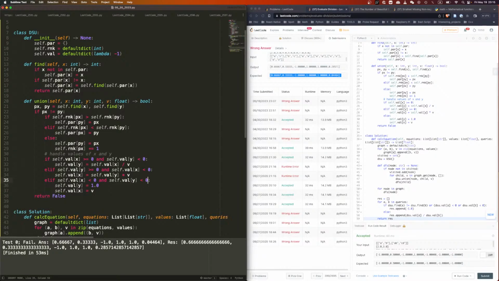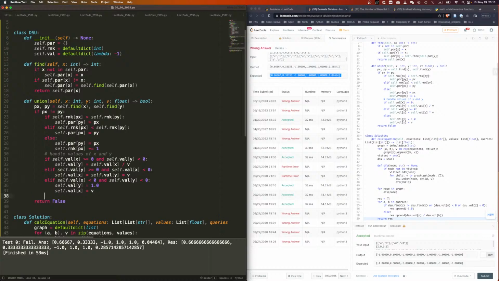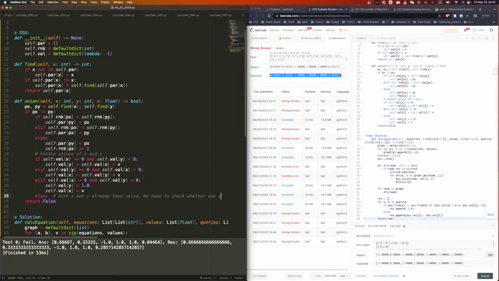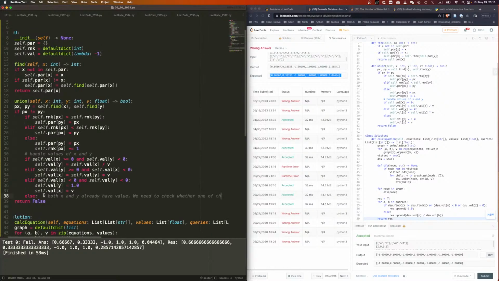As long as one of them is smaller than 0, then we can assign whatever value we want. Else, both x and y already have values, right? We need to check whether one of them needs to be scaled. Essentially, whether x needs to be scaled.